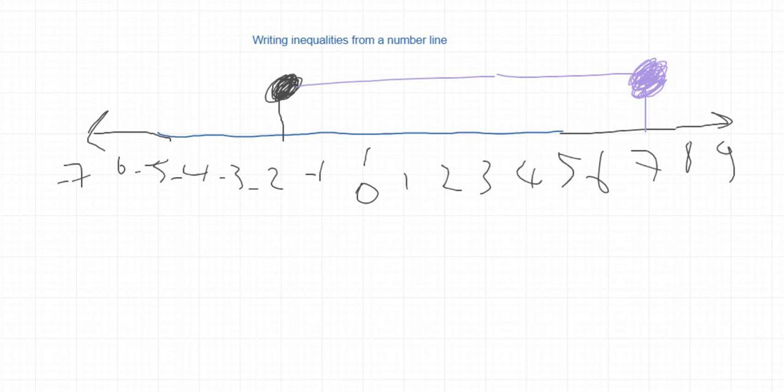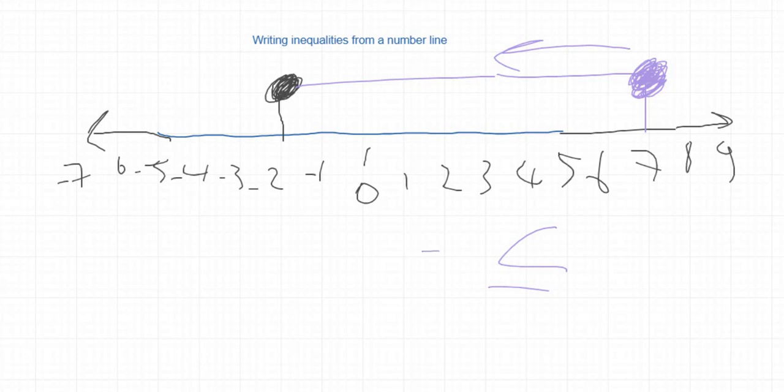What this is saying is that it is at 7. It is closed at 7. Therefore, we must have a sign that has an equal in it. Since it is going in this direction, that simply means it is going less than 7.